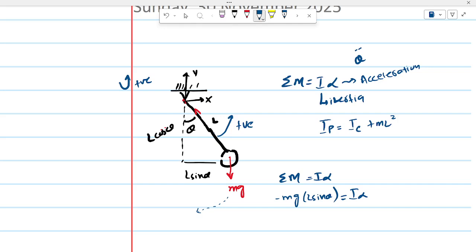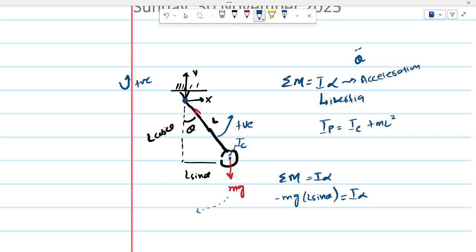So this pendulum is rotating about this point, right? So the moment of inertia of this pendulum is equal to the inertia about its center of mass plus ml square, where L is the distance between the center of mass and the point about which the body is rotating, right?